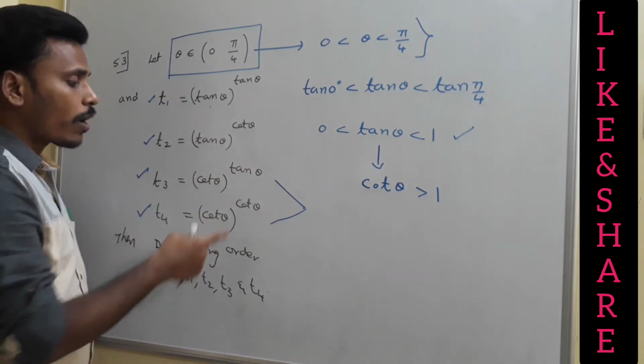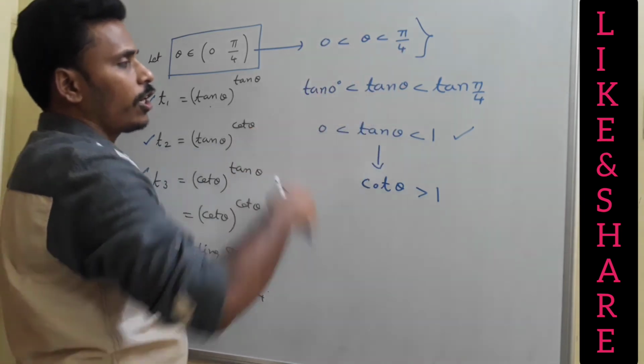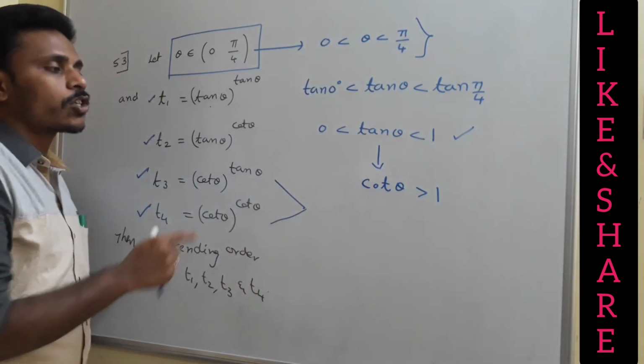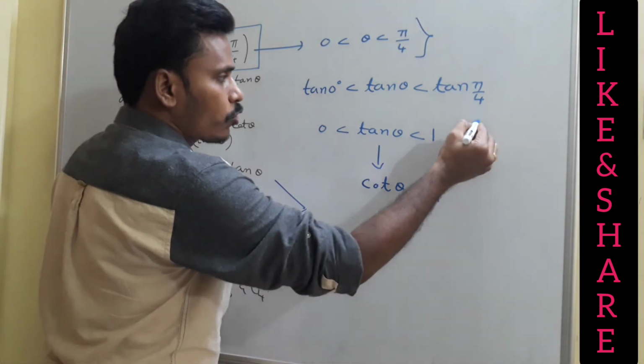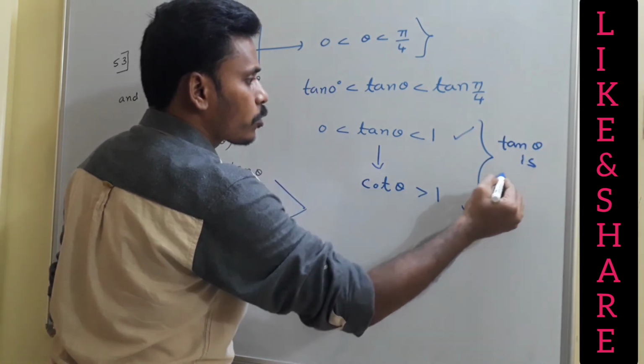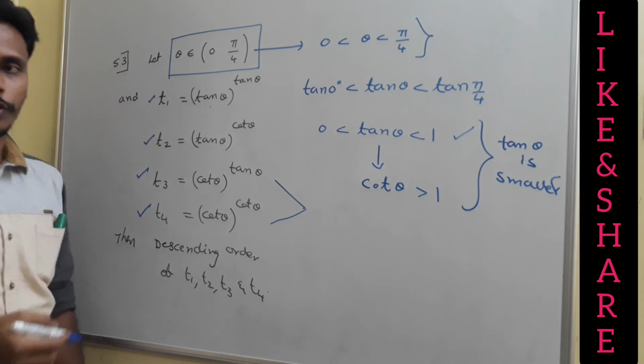And for that, you are raising the powers as cot theta and tan theta. From this discussion, it is clear that in this region, tan theta is the smaller value, whereas cot theta is the larger value. Tan theta is smaller when compared with cot theta, only in this situation, right?